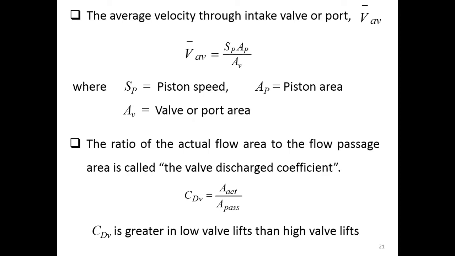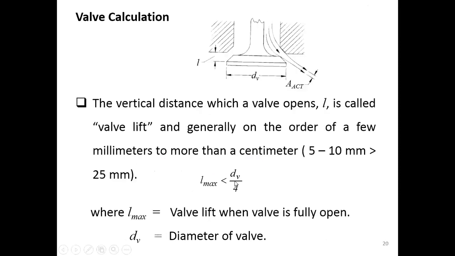So we have the ratio of the actual flow area to the flow passage area, which we call the valve discharge coefficient, CDV. So we have the actual flow area, which is smaller than the physical flow area that we have here.